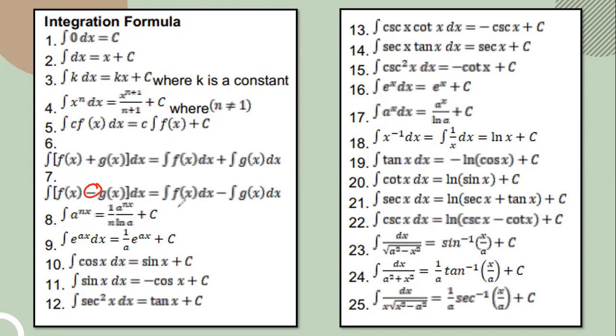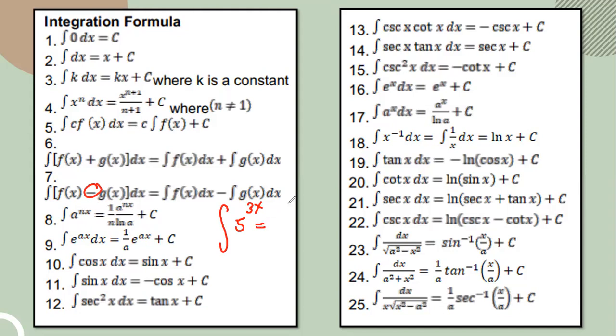Number 8, we have a raised to nx. That will be equal to 1 over n times a raised to nx divided by ln a. Okay? So for example, we have the integral of constant 5, yung ating a, any number, raised to 3x.